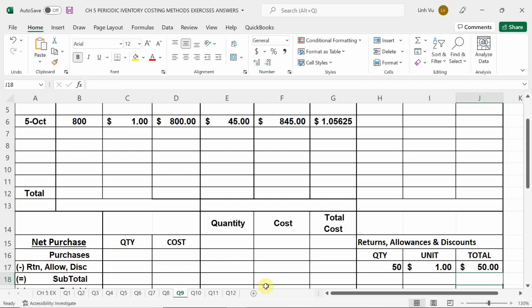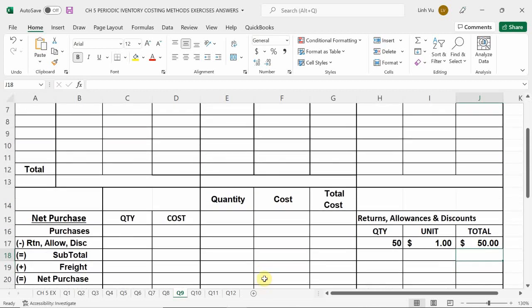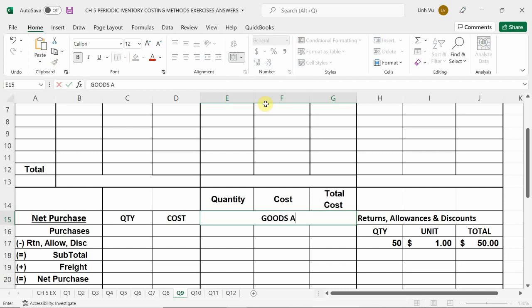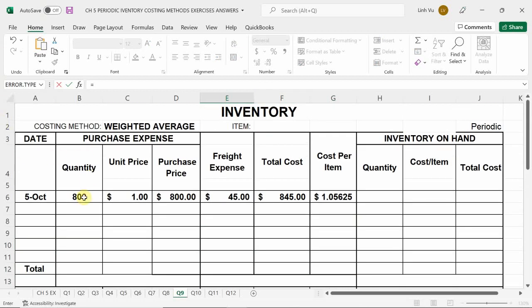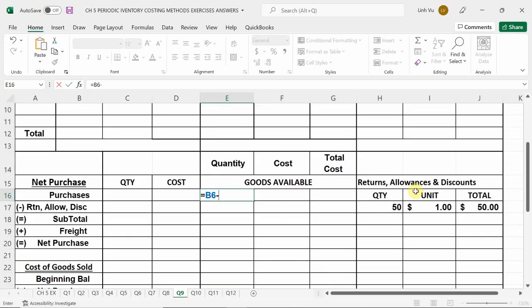Now this is what you can do. Is it necessary? Absolutely not. You don't necessarily have to do this unless you want to. But in this case, I'll do it for this one, where I'm going to create my cost of goods sold table, or my goods available table. I purchased 800 units, but I end up returning 50 of them.